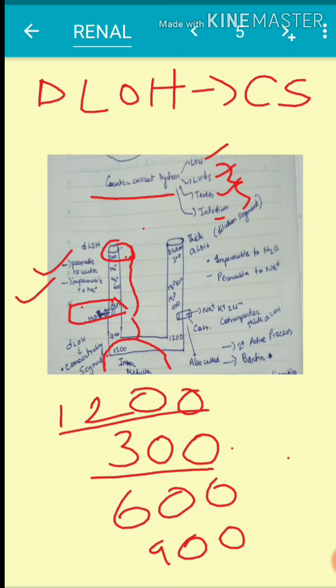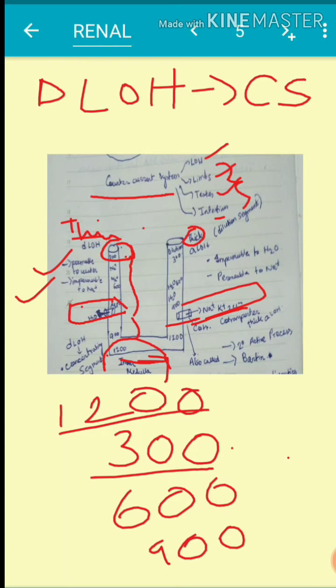Now after it reaches here, one point to be noted is that the descending loop of Henle is thin and the ascending loop of Henle is thick. So now we will see that through a channel, which we also call the Bartter channel, sodium, potassium, and 2 chloride ions can go out.